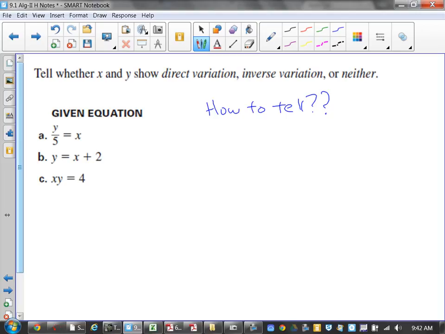So if I'm looking at this first example, y divided by 5 equals x, I multiply both sides by 5, and you get y equals 5x, which is direct variation. On the next one, you have y equals x plus 2.